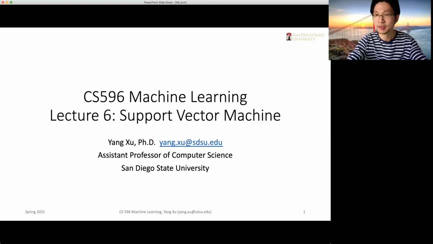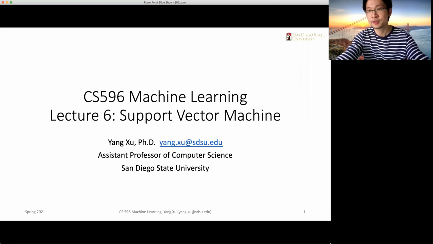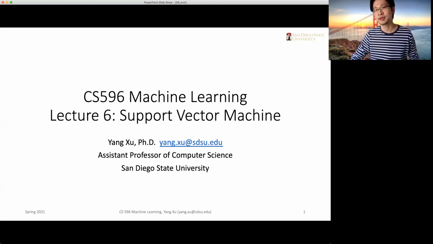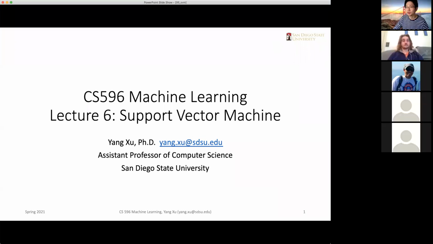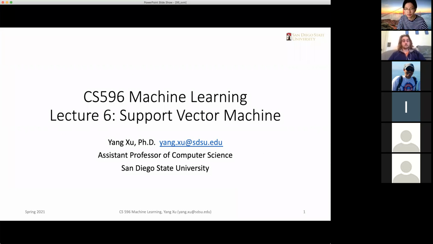The acronym is SVM, and speaking from the perspective of nowadays, SVM is a pretty old technique, but it has its own era, maybe 20 years ago, before deep neural nets really stepped on the stage.